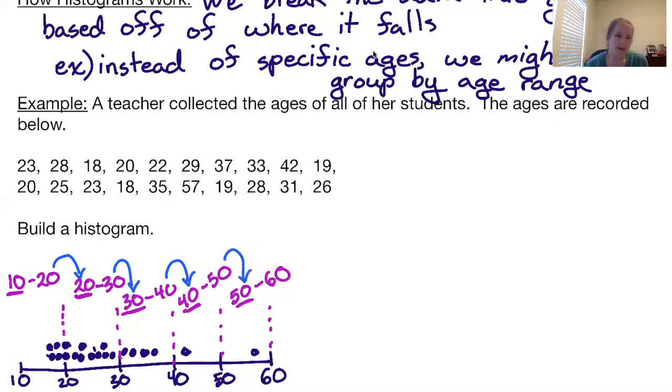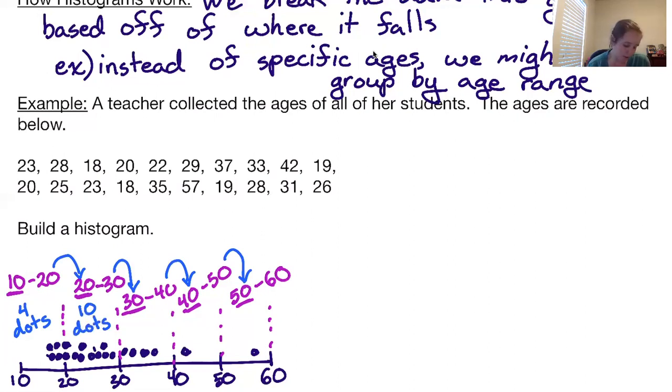If we go by this, then in this first category, we have 1, 2, 3, 4 dots before we hit 20. So here we have 4 dots. Between 20 and 30, we have quite a few: 1, 2, 3, 4, 5, 6, 7, 8, 9, 10. So between 20 and 30, we had 10 dots.